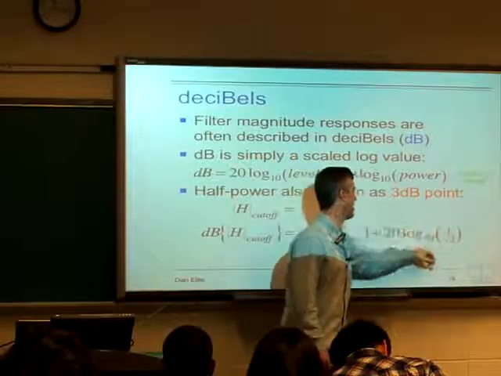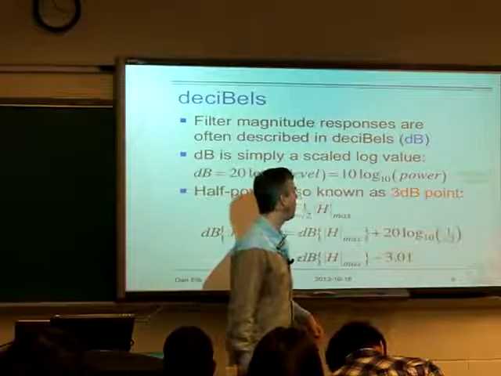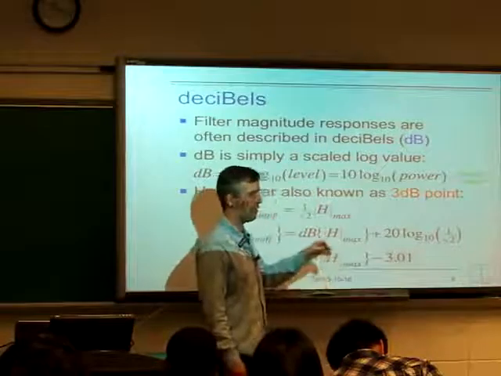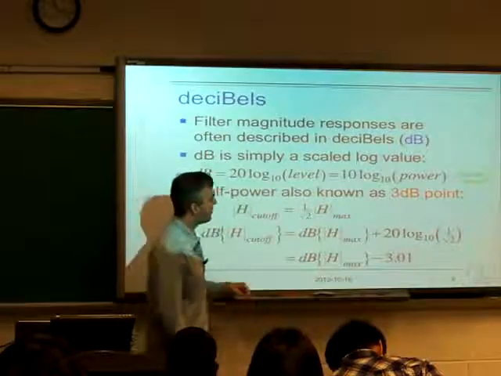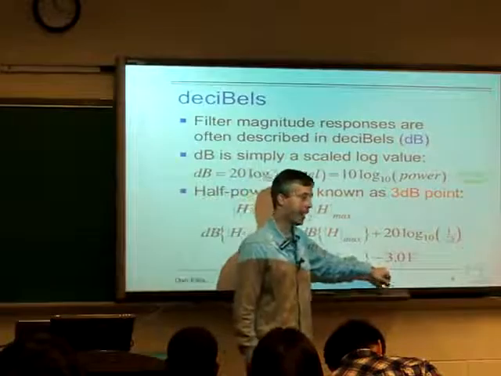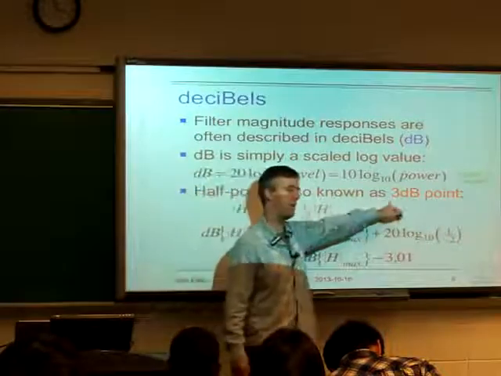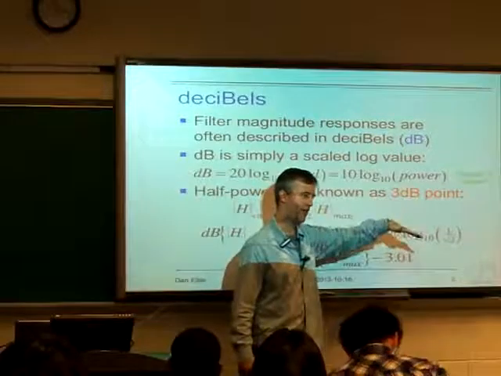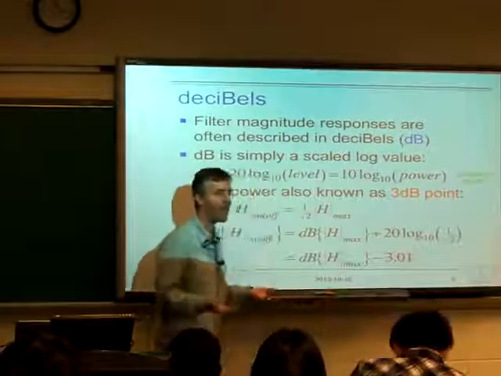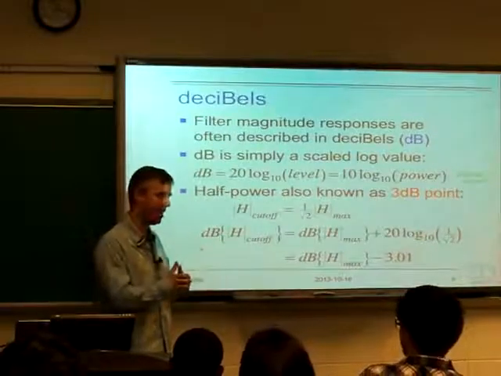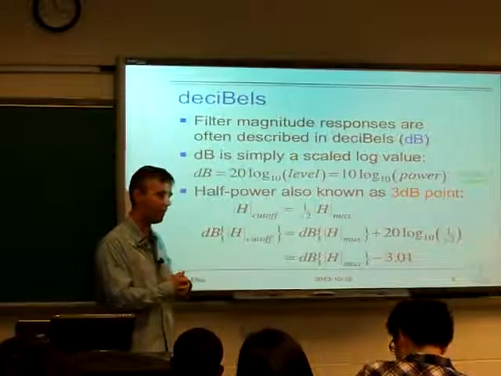And so we end up with the term 20 log 10 of 1 over root 2, which works out to be negative 3.0103 something, very close to negative 3. So half power in decibels corresponds to 3 dB down, minus 3 dB. That's why you hear of a 3 dB point, because it's the same idea as a half power point.